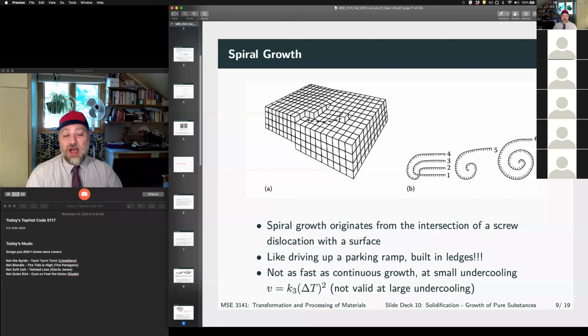Keep in mind, though, this velocity equation predicts that at large undercoolings, this will rapidly overtake the growth rate for continuous growth. This model for growth rate is only valid for small undercoolings. What happens is that at larger undercoolings, it asymptotically approaches the growth rate for continuous growth. It doesn't overcome it.